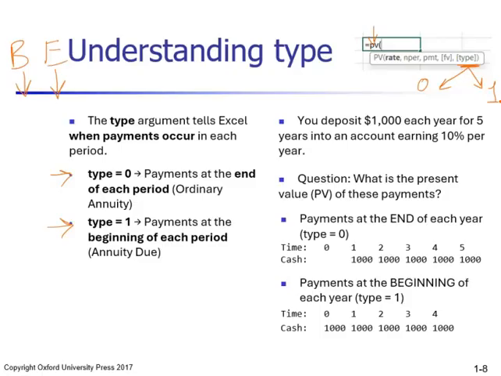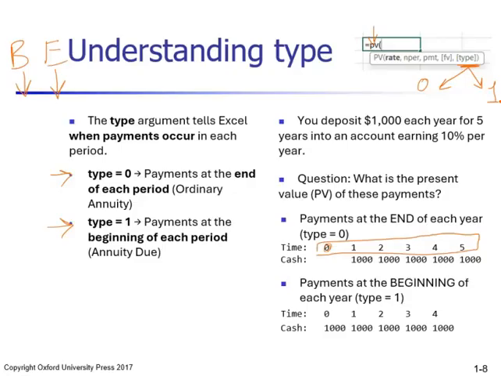If you are using type 0, it means it is at the end of the period. So it would be in this way that we have handled all our examples so far. Because 0 is now, and 1 means at the end of year 1, 2 means at the end of year 2, 3 means at the end of year 3, and like that. So the cash flow timeline would be something like this that you see here.